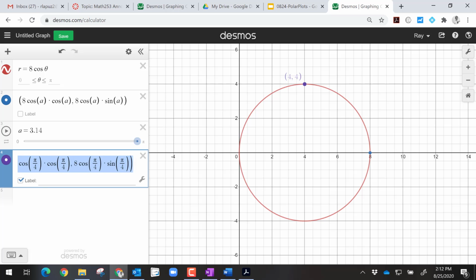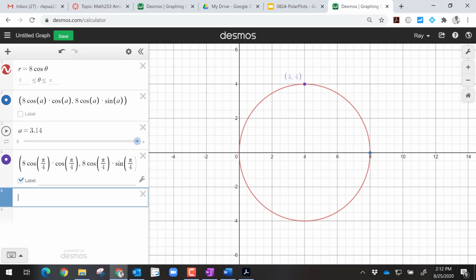And then the other one is 3 pi over 4. So let me put the 3's here. And there's my other point. And then just so you know, the distance from the origin to this point is that 4 root 2 business that we got.